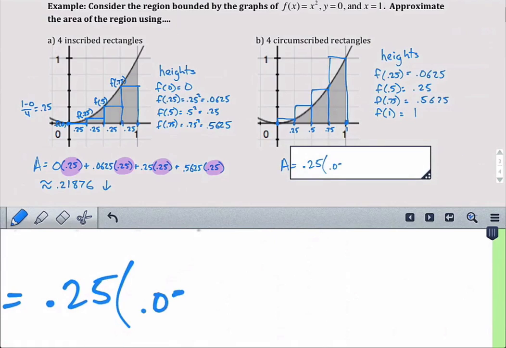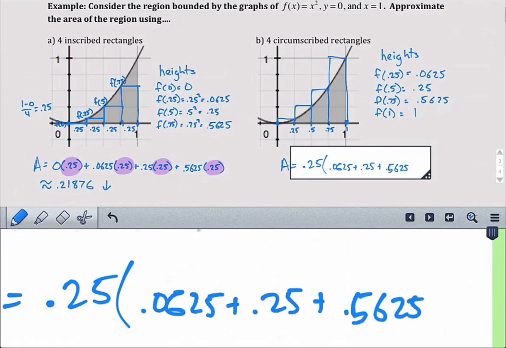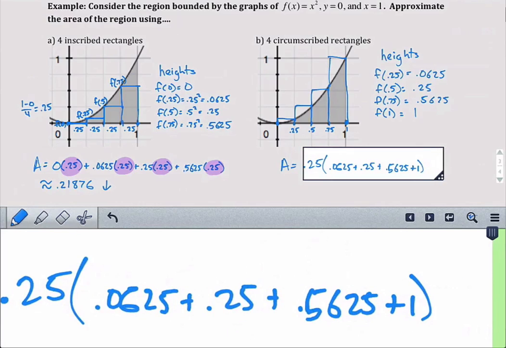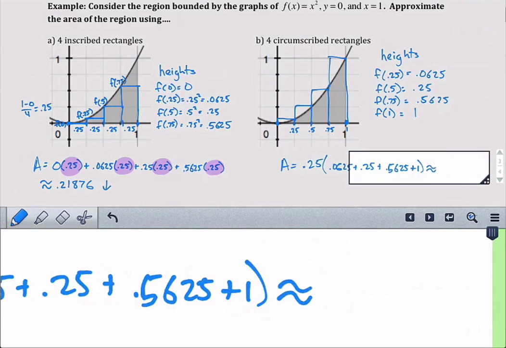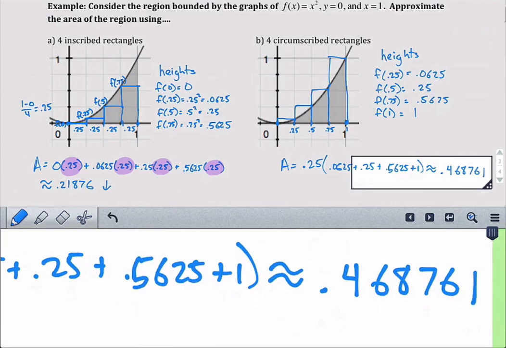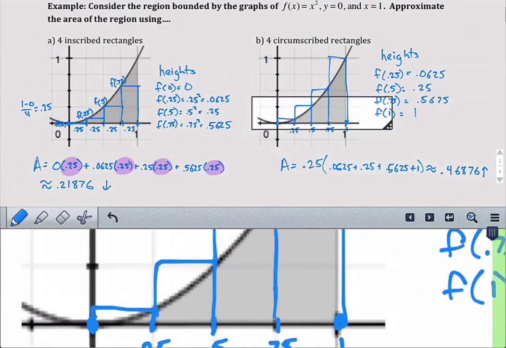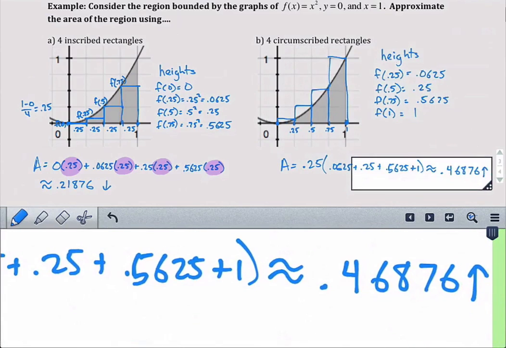So 0.0625 plus 0.25 plus 0.5625 plus 1. And when we put this into our calculator, we're going to get an approximation of about 0.46876. And this is an overestimate because you can see the rectangles are above the line.